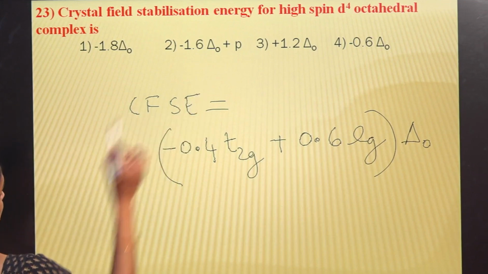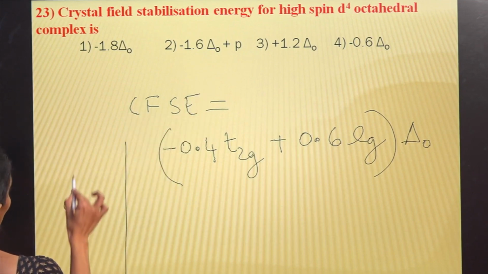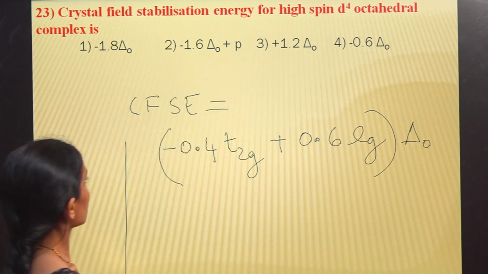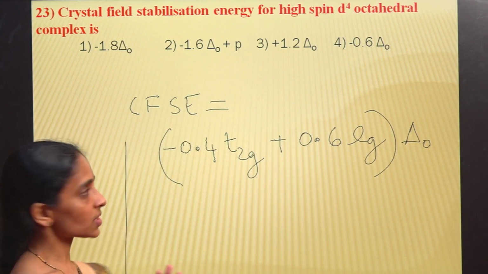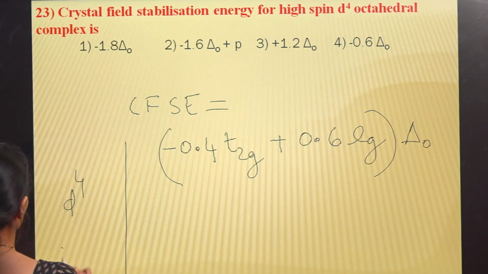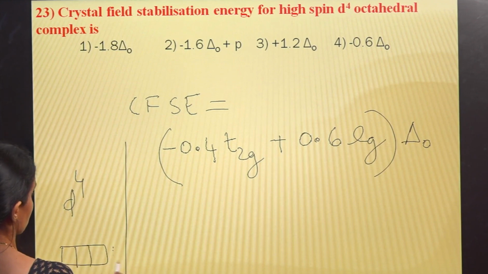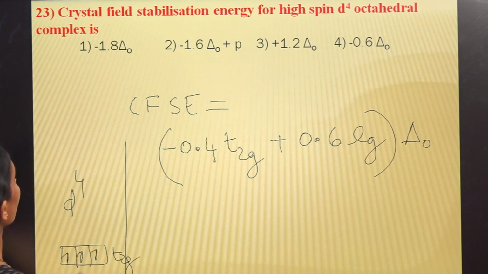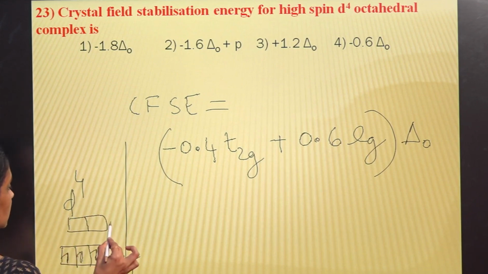Now the system is a D4 system. How do you write a D4 system? It is T2G 3 and Eg 1.